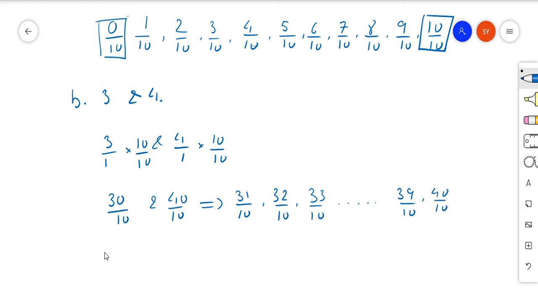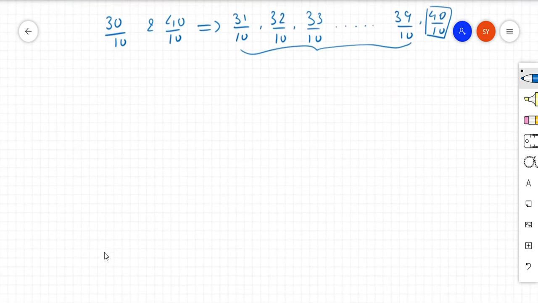The 0s will get cancelled and this will be 4. So you can choose any 5 of these numbers, and that will be the rational form for numbers between 3 and 4. Okay, so we'll do C1 now.